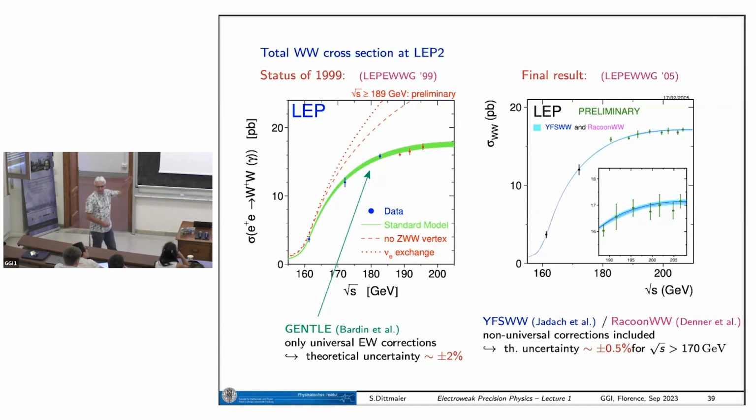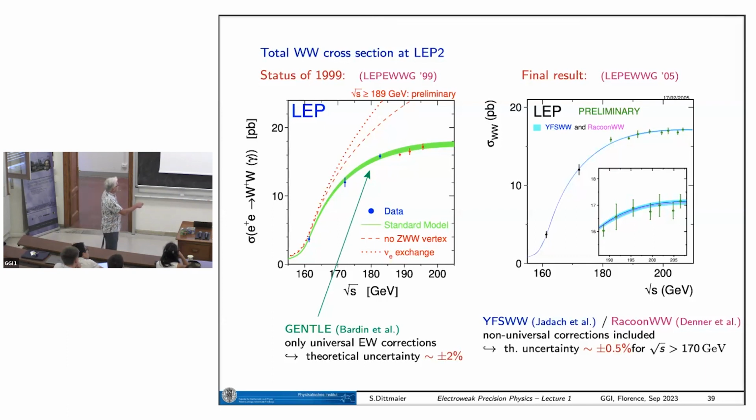The cross-section does not go down sufficiently fast to produce something unitary. If you have, for example, no neutrino exchange, you have this dotted line. So you really need the full standard model prediction in lowest order to get the shape more or less right.